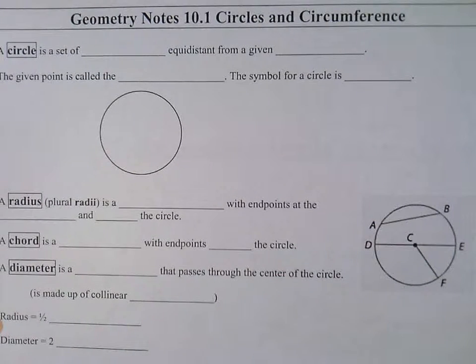As we start circles, I do want to give a sort of disclaimer to start the unit. Today is going to be review. I know you all know what a circle is, and you are reviewing the parts of a circle, like radius, diameter, how to find circumference, and how to use circumference to find the radius or diameter.